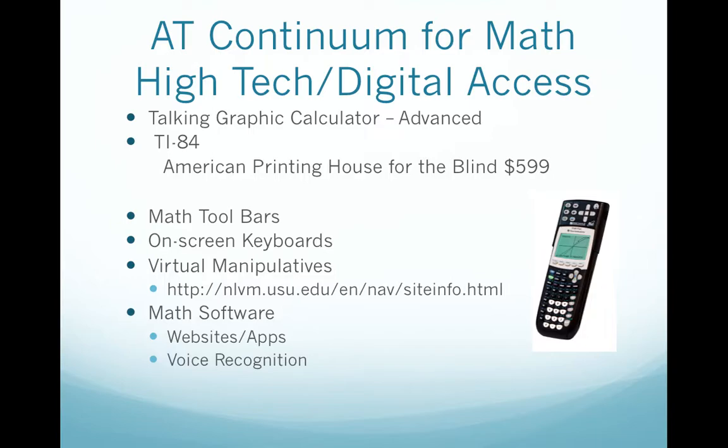On this slide, I have a picture of a high-tech talking graphic calculator called the TI, for Texas Instruments, TI-84. And it's sold by a variety of places, including American Printing House for the Blind. And it's $599. So obviously it does a lot of high math for people that would be interested in that.